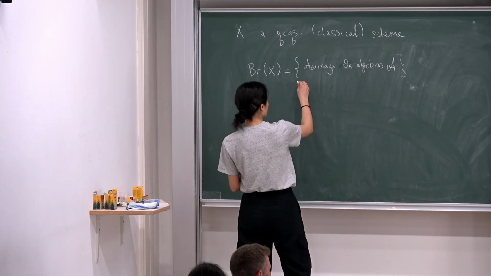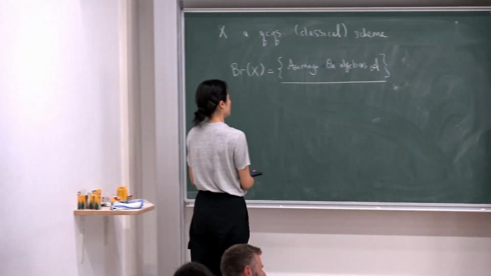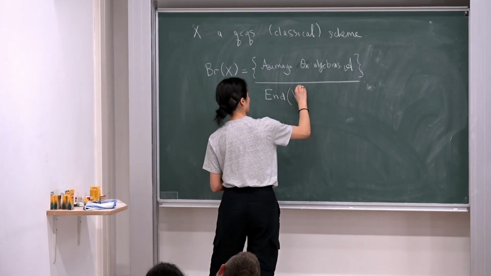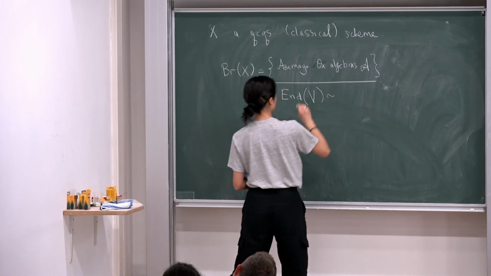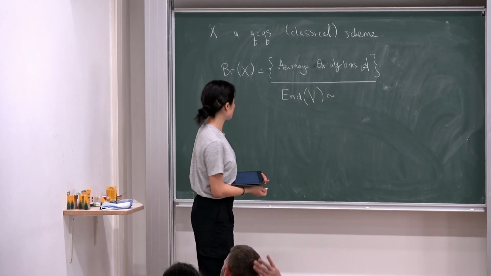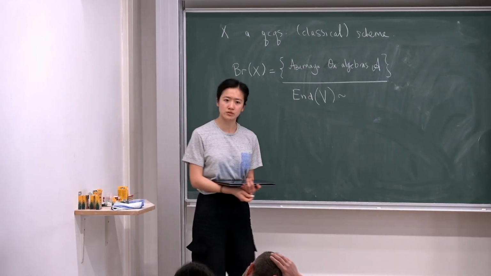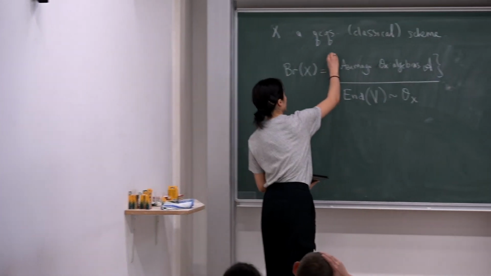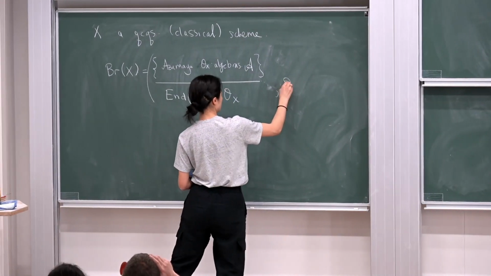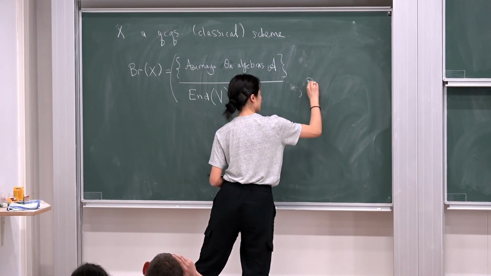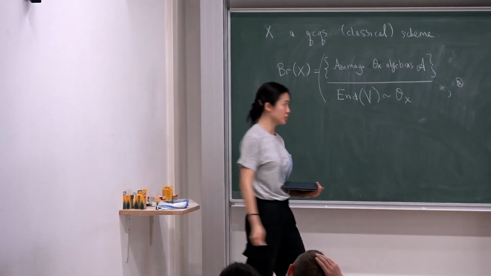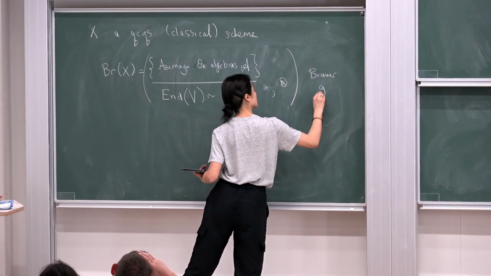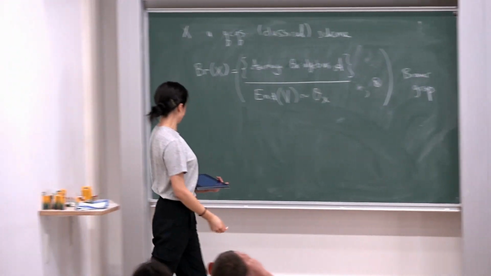Let me set those equivalent to endomorphisms of the trivial vector bundle, OX. I want to consider this collection with the operation of tensor over the structure sheaf. This turns out to be a group, and this is the Brauer group, as we know and love it.